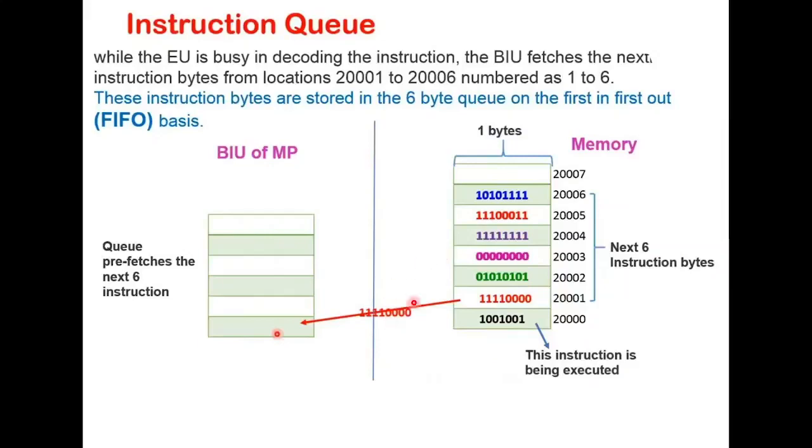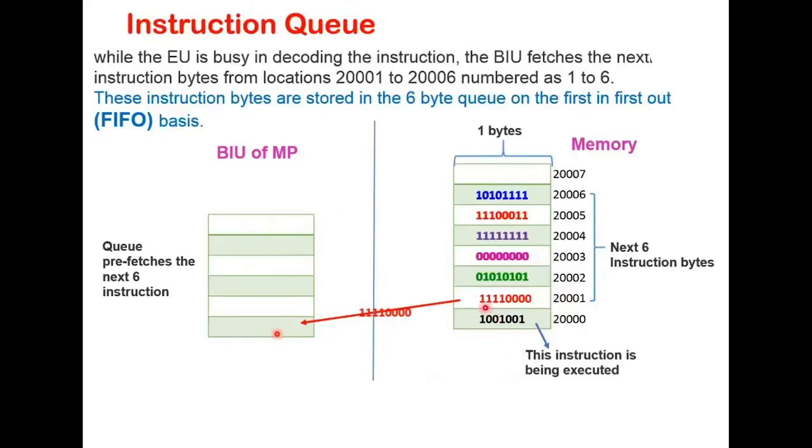See this, your BIU fetching the data from this memory location 20001, 2002, 2003, like that. Total 6 bytes of data your BIU is going to fetch from the external memory. Just imagine this is external memory and this is your instruction queue, okay.